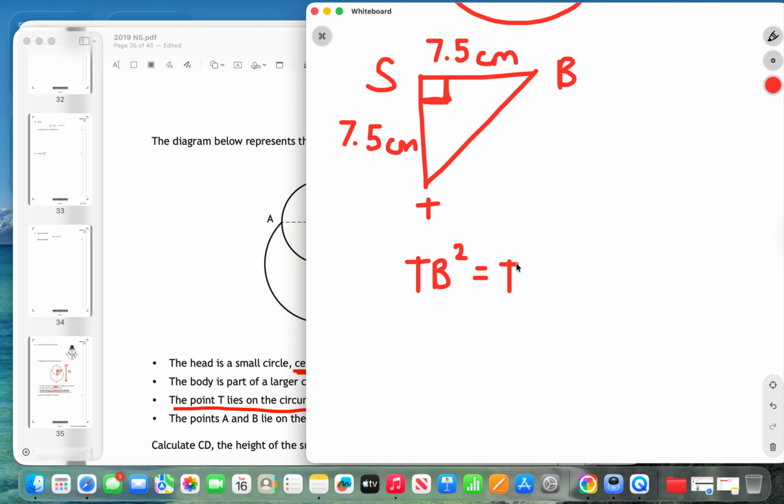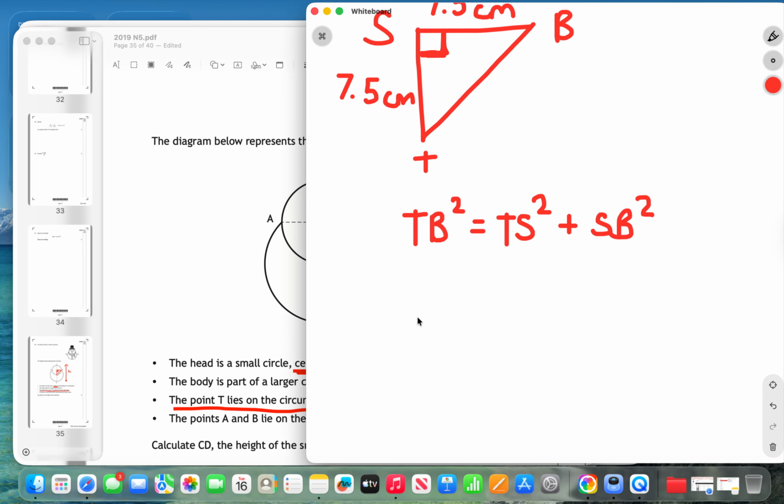So the next step is to find the length of TB. We get TB squared equals TS squared plus SB squared, because we want to find the hypotenuse, and we substitute SB and TS because both of them are the smaller sides. We put them on the right hand side.